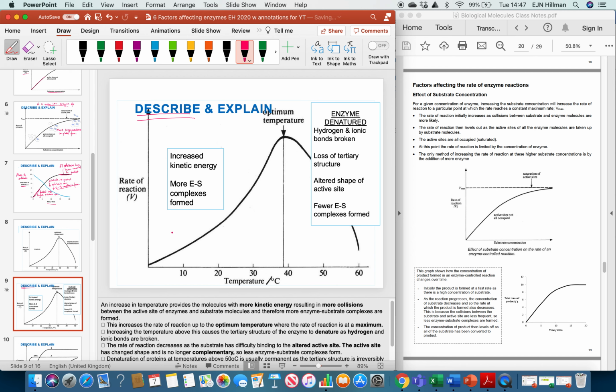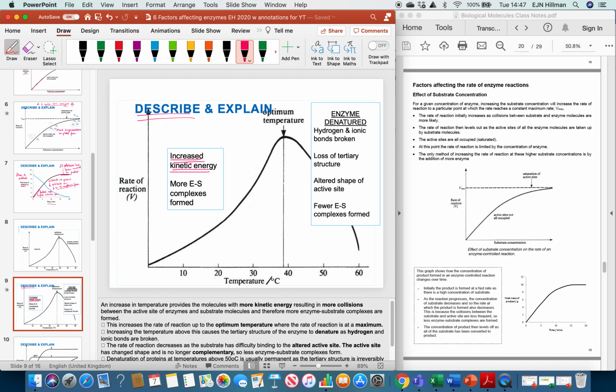these things. So, with increased temperature, there will be increased kinetic energy, i.e. the substrates and the enzymes are moving around more quickly, and therefore it's more likely that there will be collisions and more likely that enzyme substrate complexes are formed.